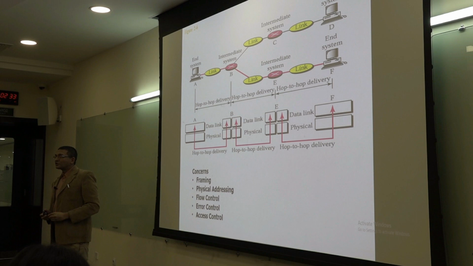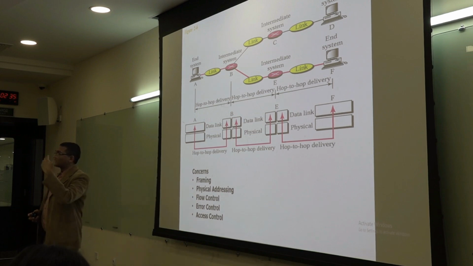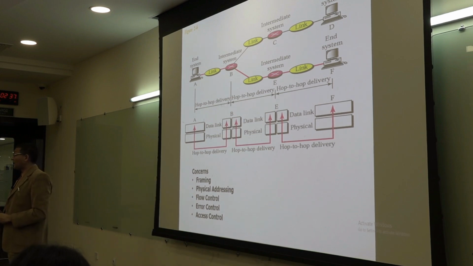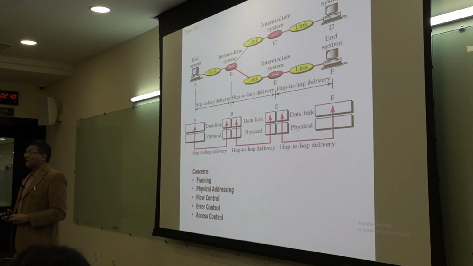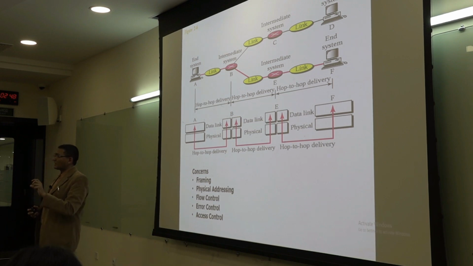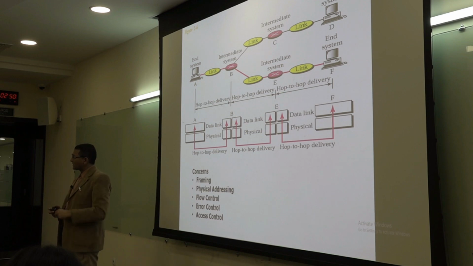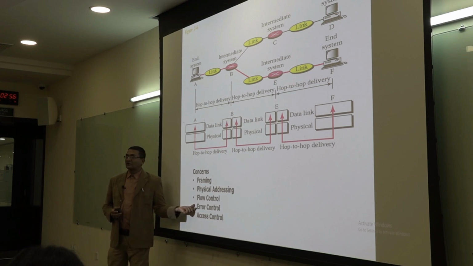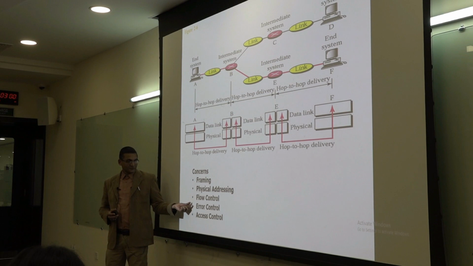Now, how to make sure that all the 10 segments are reaching the other side? That is one thing. And how to make sure they reach in order? Because if you change the bits, then the meaning will change. So we have to make sure that all the data must reach and it should reach in the proper format. So this is error control, to control the error so that the receiver will get the accurate or correct information.